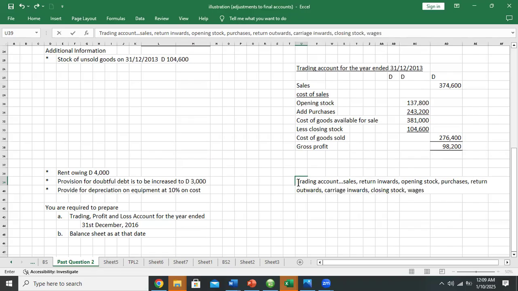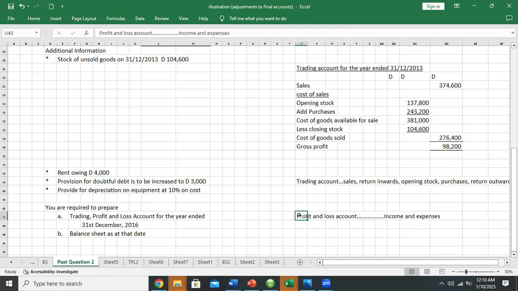So you use these items to prepare your trading account.